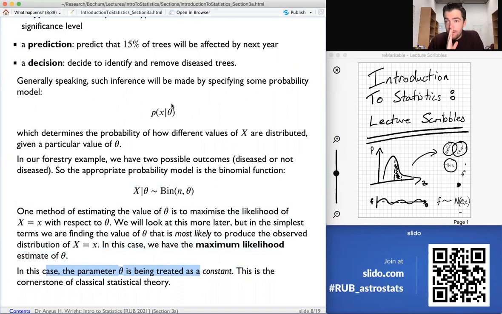So it is: pick a value of theta, calculate the probability, and then move to a different value of theta, calculate the probability, etc., etc. The fact that theta is treated as a constant is the absolute cornerstone of classical statistical theory. And this is probably a spoiler, because that gives you an indication of where we're about to go.